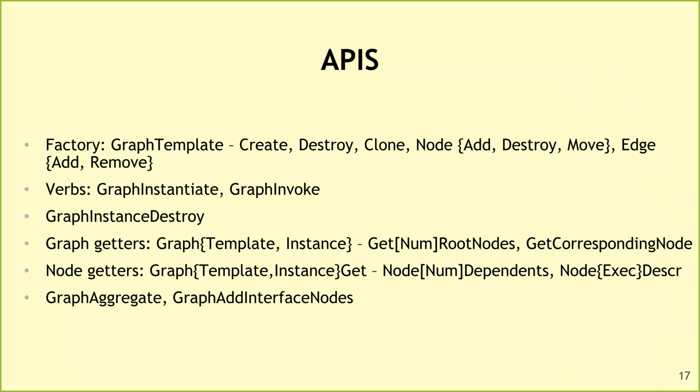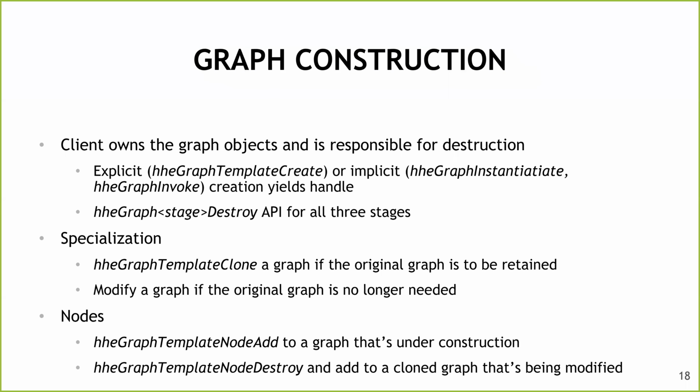These verbs of graph instantiate and invoke, destroying things, getting properties of graphs and properties of nodes, and then operating on things like aggregating a set of nodes based on criteria into a subgraph, or operating on a subgraph and saying, hey, now that it's settled down, let's add some interface nodes where there are edges that cross between graphs, particularly in cases where they may be on disjoint subsets of resources. So the client essentially owns these graph objects and is responsible for the destruction. And you can specialize these, as we've talked about before.